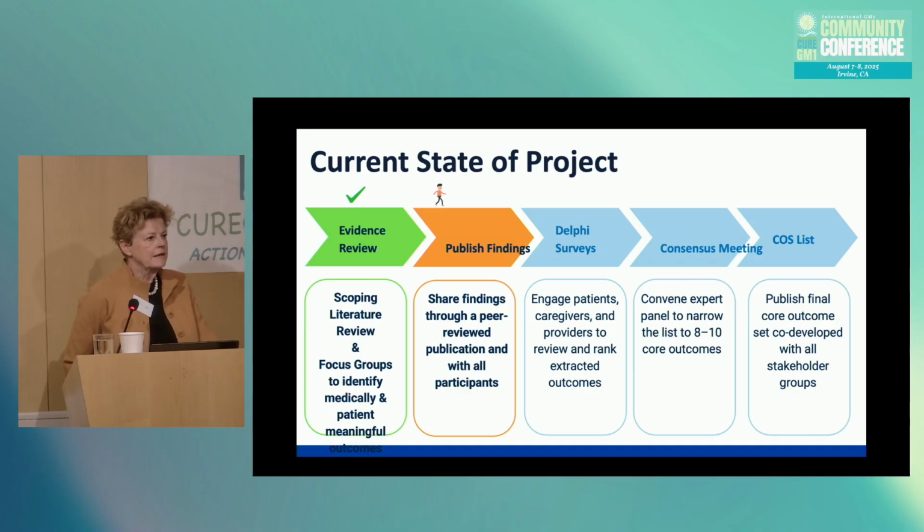The first thing in creating these core outcome sets is the so-called evidence review, and the evidence review consists of two steps, namely, first of all, to see what's around in the literature, so to do formal literature reviews, and also to listen to parents and caregivers and to do focus groups to identify patient-meaningful outcomes. I mentioned we need to publish those findings, and that's where we are currently.